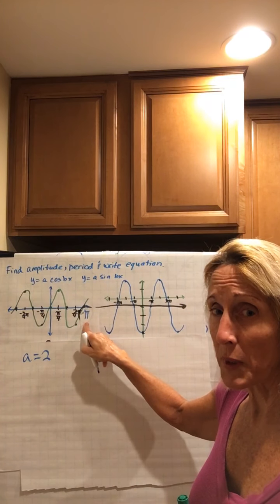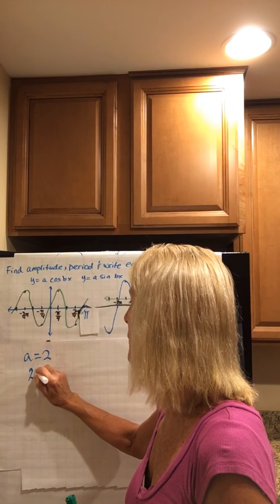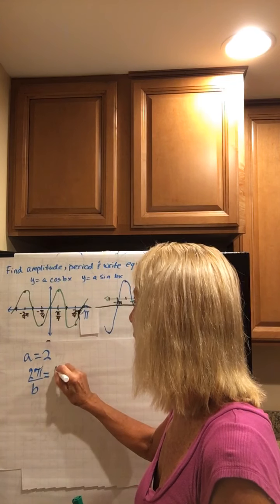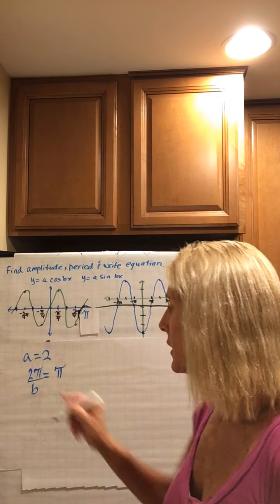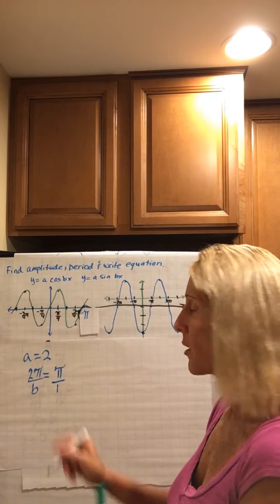Remember, we're looking for the b. So you would go, okay, 2 pi over b equals pi. Now it's like a proportion, and with proportions you have to crisscross multiply. So I can put pi over 1.